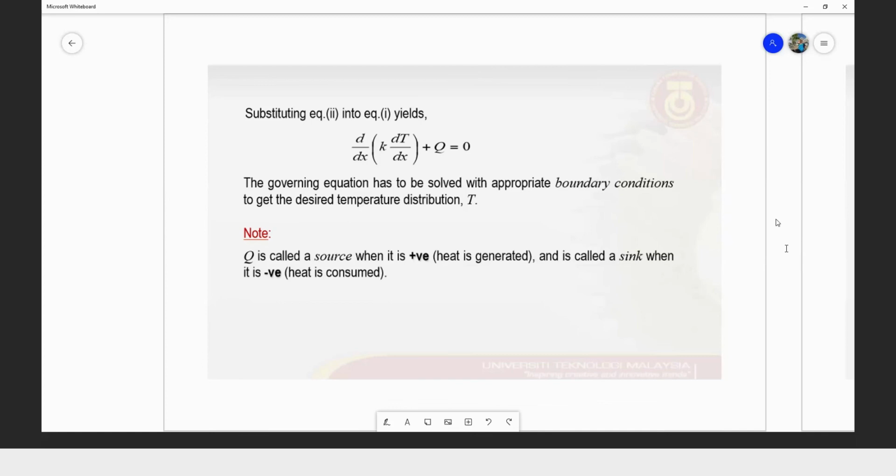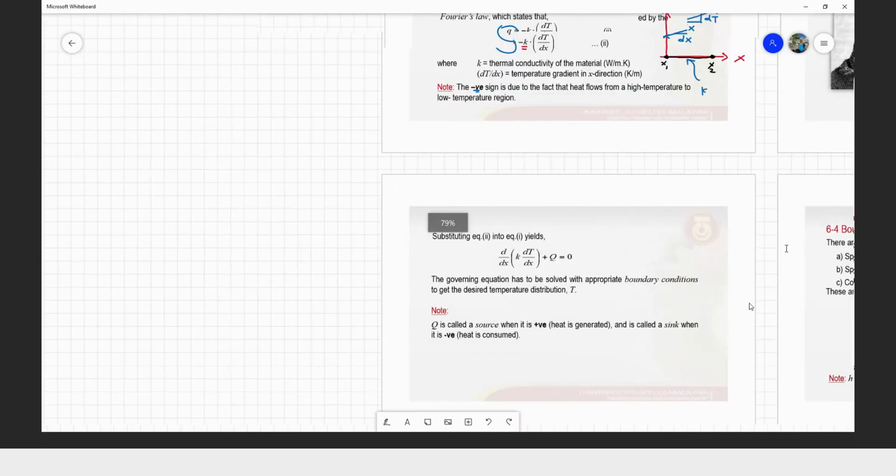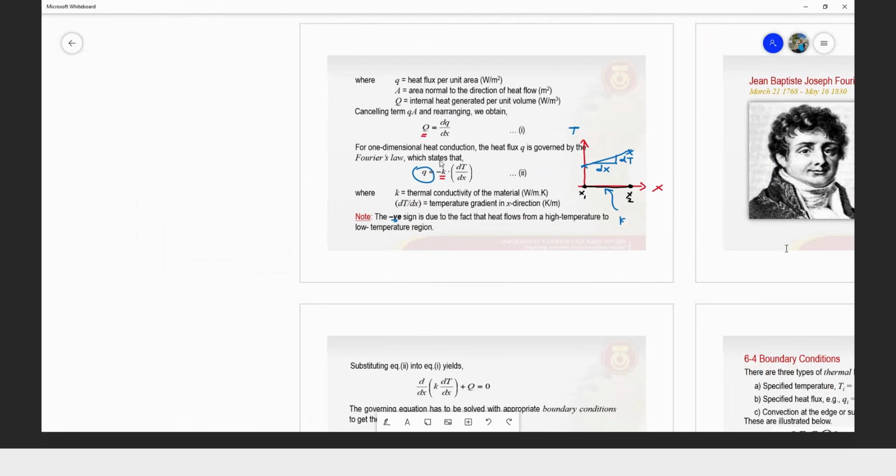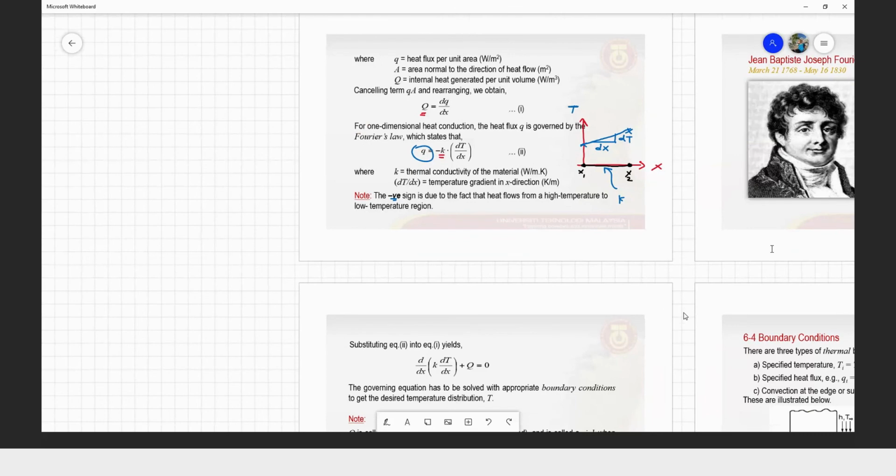Alright, and then we have this equation 2, Q equal to dq over dx, and we have the small q, which is referred to as heat flux per unit area, equal to negative k dT over dx. So if we substitute 2 into 1, then you will get this equation.